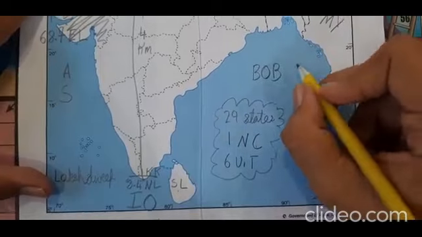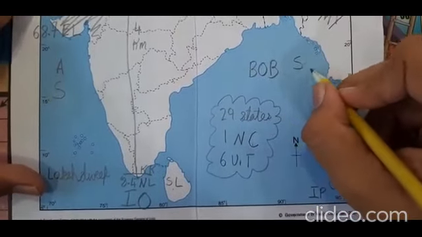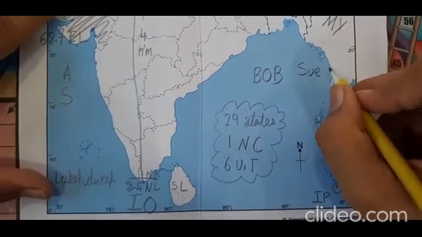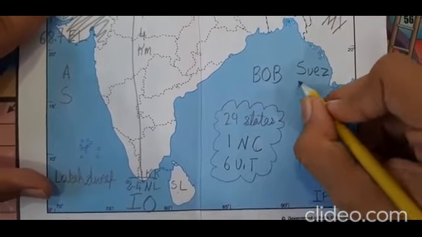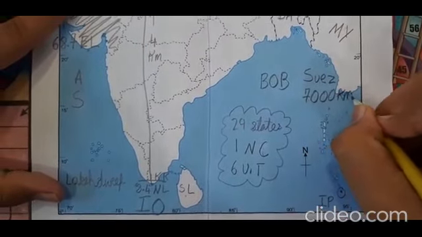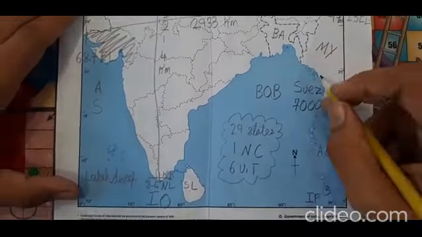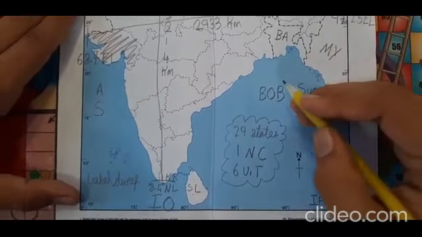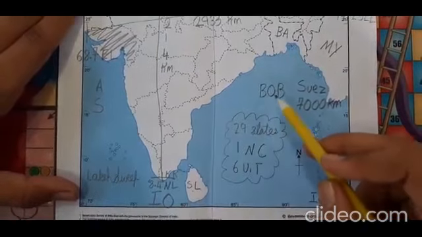With the opening of the Suez Canal, it reduced 7,000 kilometers between Europe and India. India has a strategic location because it is three-sided water.